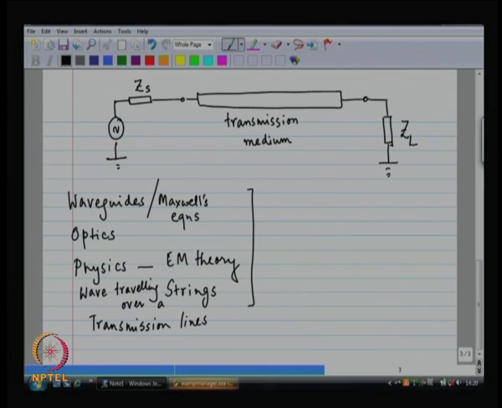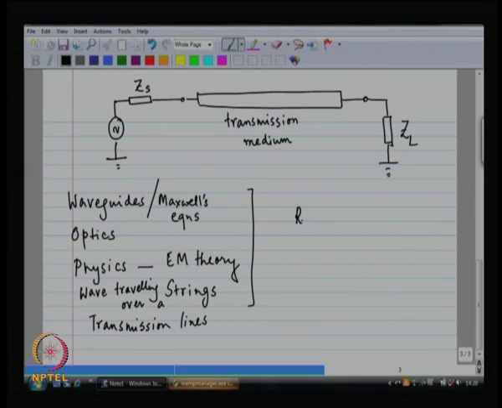And they all define something that is called a reflection coefficient.